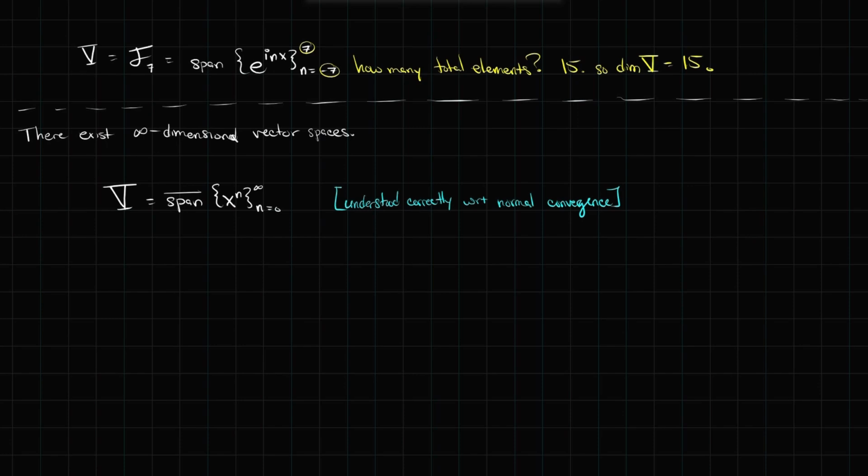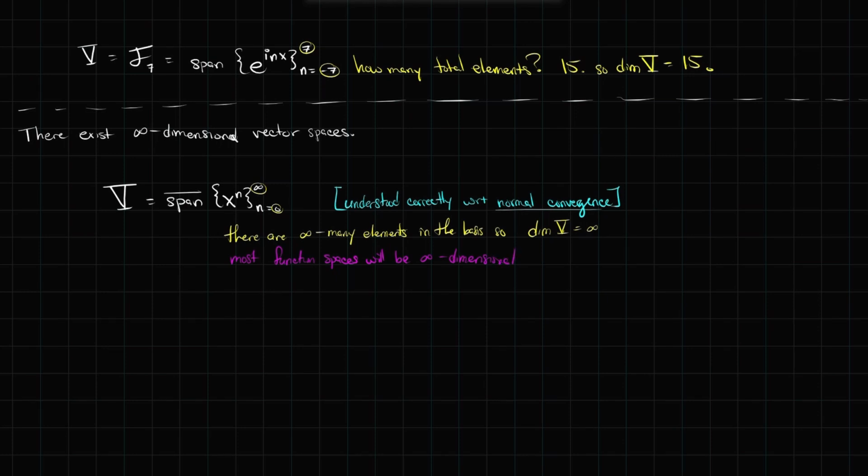Technically it would be the closure of the span, for people who understand what that means as well. But how many elements are in here? You start at 0 and you end at infinity. There are infinitely many elements in the basis. So the dimension of V is infinite. And in fact, most function spaces will be infinite dimensional.